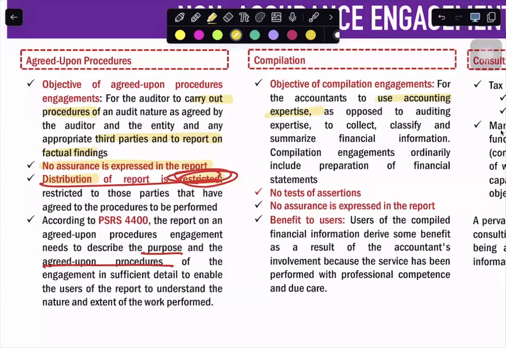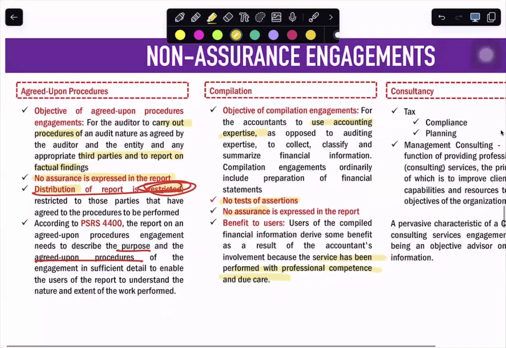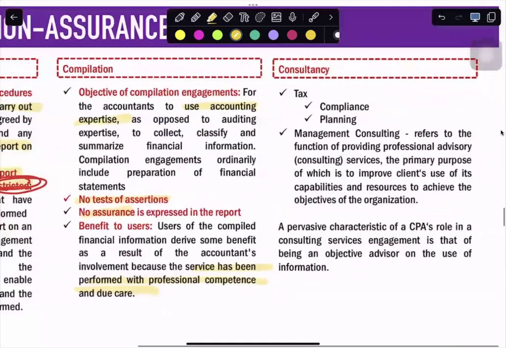Those are considered compilation. Here, there's again no test of assertions. Therefore, there is no assurance. And what is the benefit to the users? Derived benefit based on the service performed by the accountant because that particular report is performed with professional competence and due care.